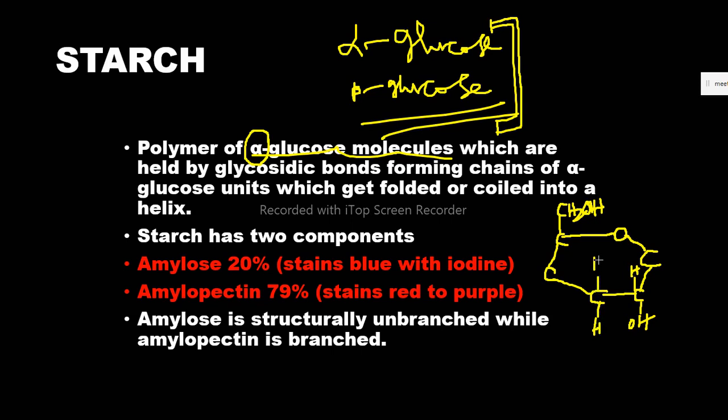Then this is OH, then this is H, then this is OH, and then this is H, and finally H. So now this is our basic structure of glucose.